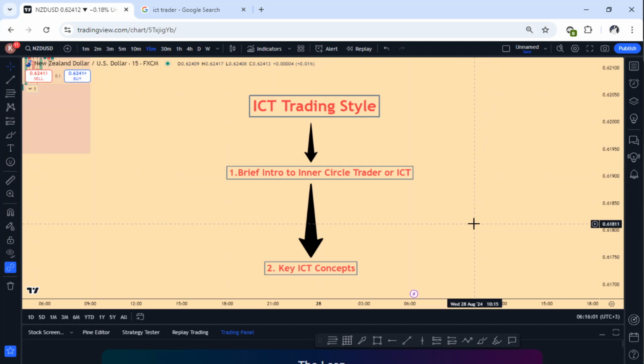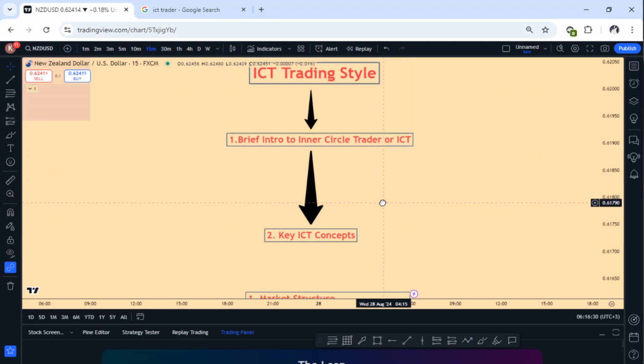Now, ICT trading focuses primarily on technical analysis and market structure, and it emphasizes understanding of how institutional traders operate. The goal of ICT is to align trading strategies with the actions of the big market players, the big banks.